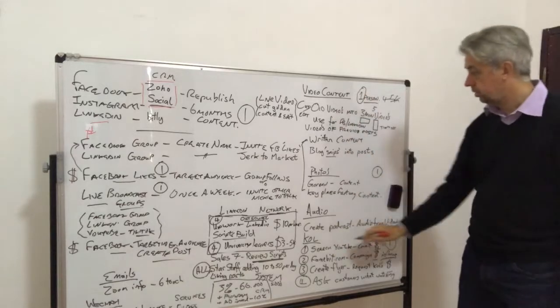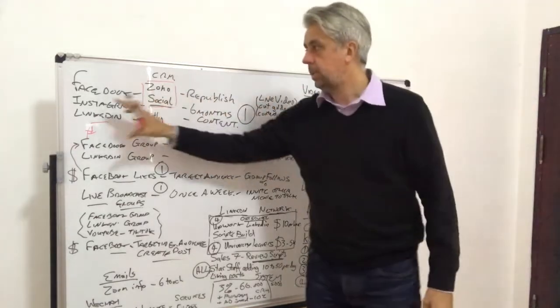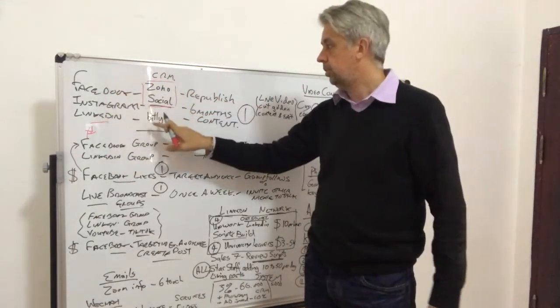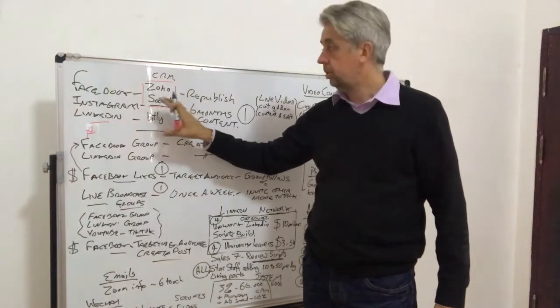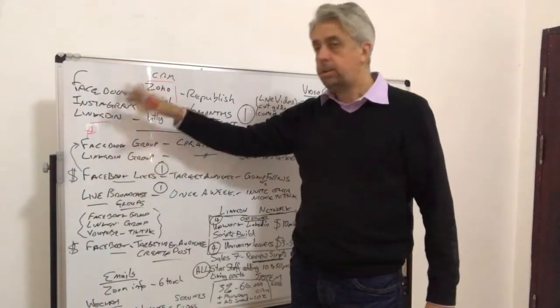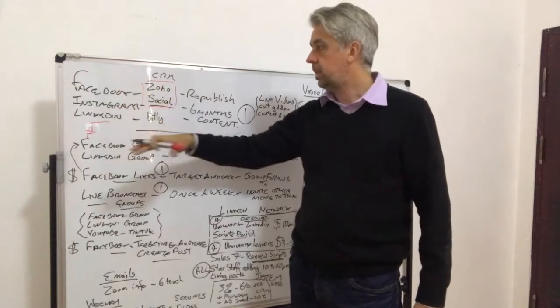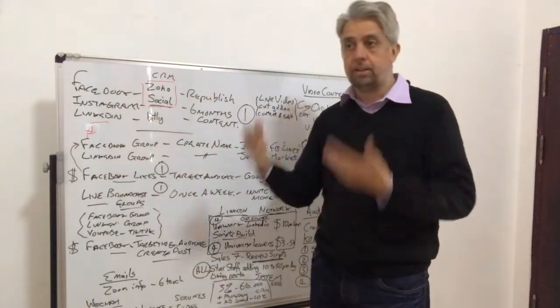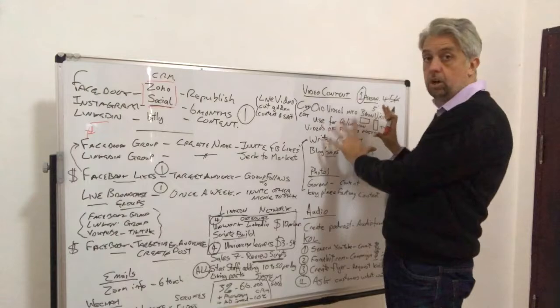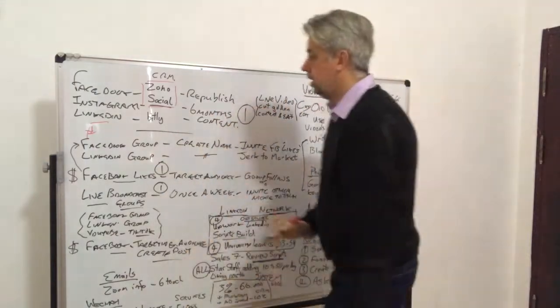Okay, so this is your content to go into your Zoho Social, which is putting regular content on your Facebook and Instagram and LinkedIn, and this is just regular content from all your old previous content.